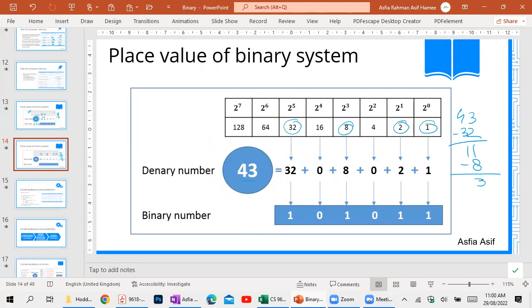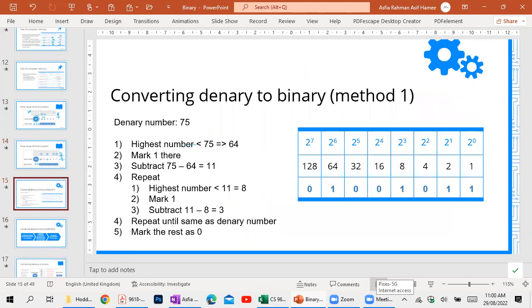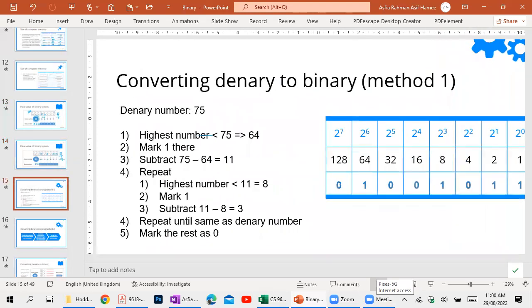All of these added will give you 43. And wherever you get the number, you write 1. That means this position is on. Counting 1, 2, 3, 4, 5, 6, 7, 8, there are 2 leading zeros. So this explanation is given over here.